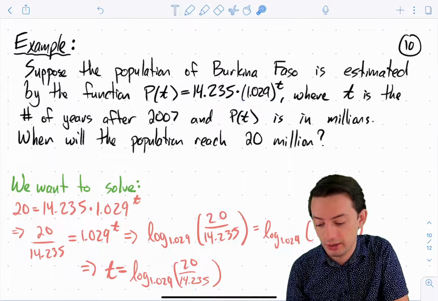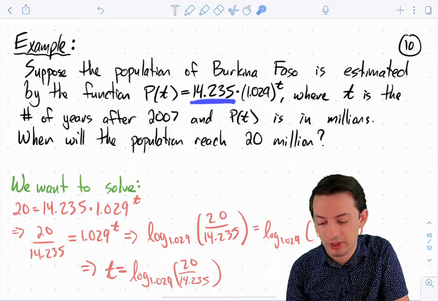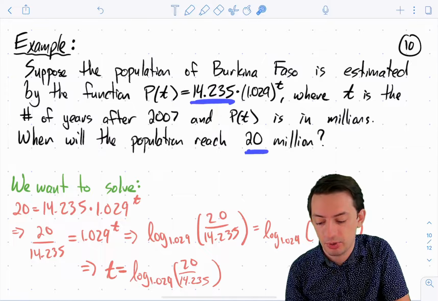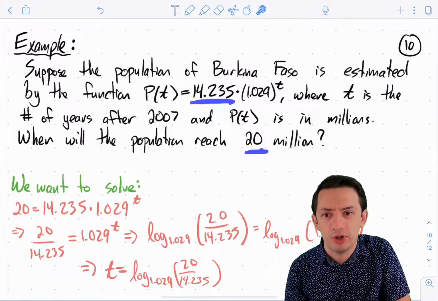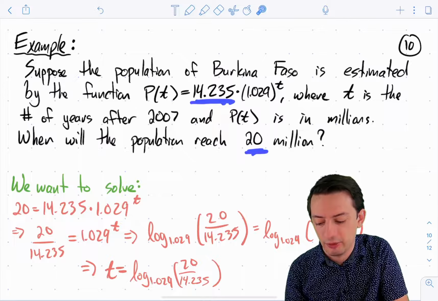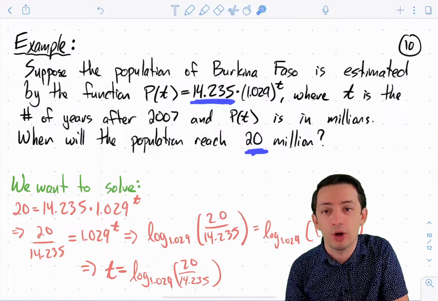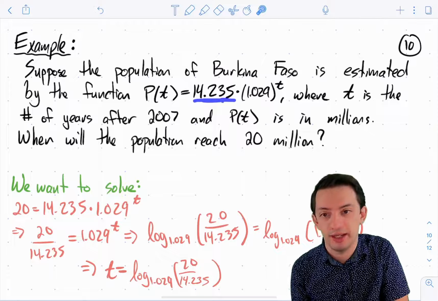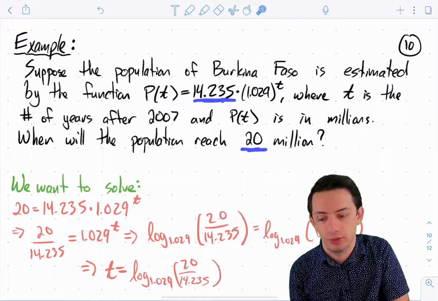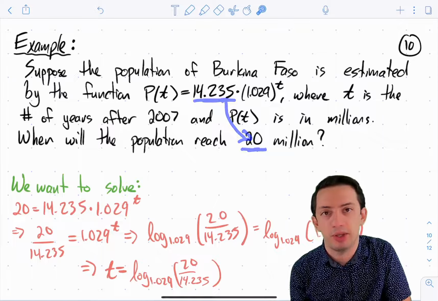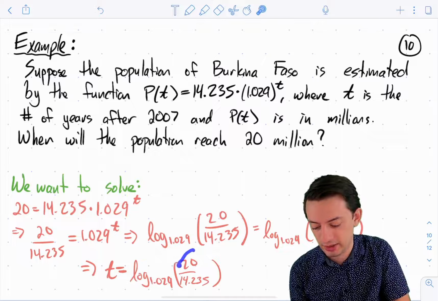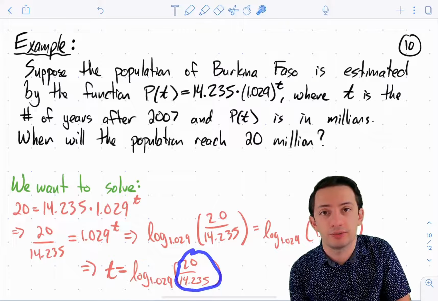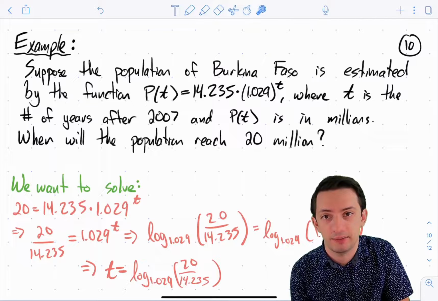We're starting in 2007 at about 14.235, and we want to end up at 20. So the first question is, when you divide 20 by 14.235, what multiple do you get? It's not double, that would be 28. It's something less than double. So this is some percentage of population growth. And this fraction tells you what percentage. We'll see what that is in the calculator in a second.